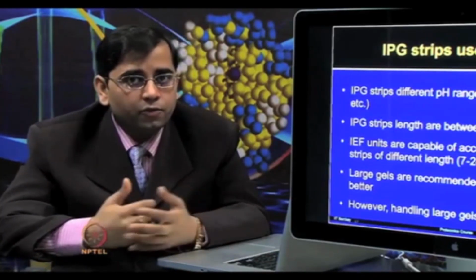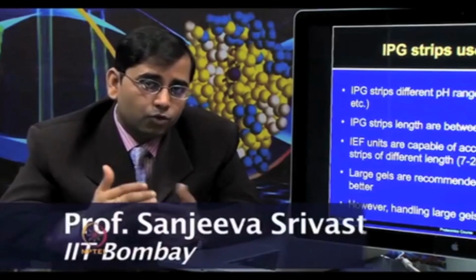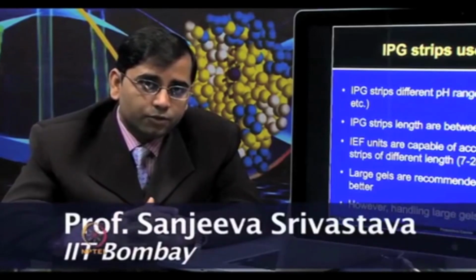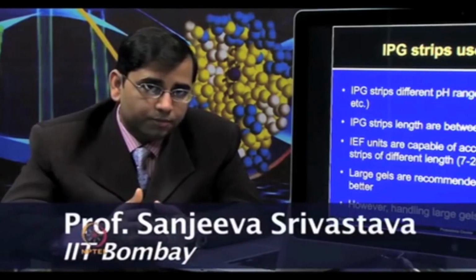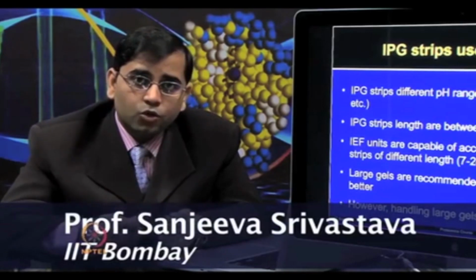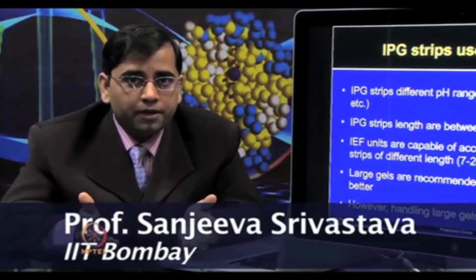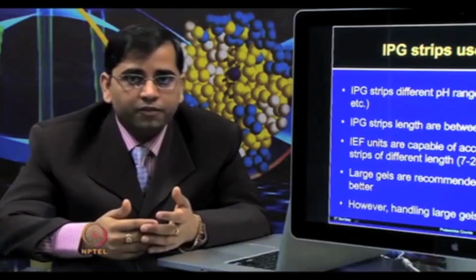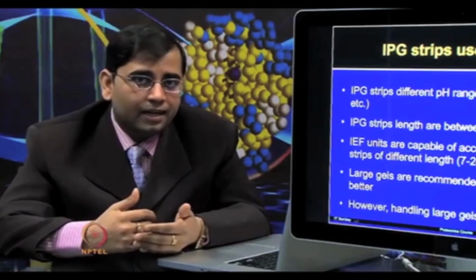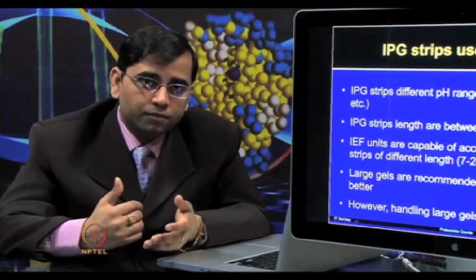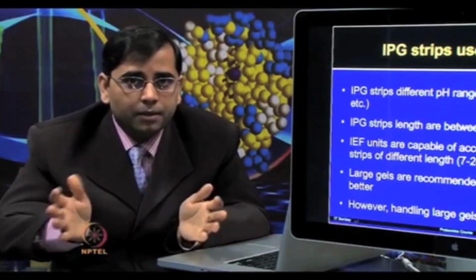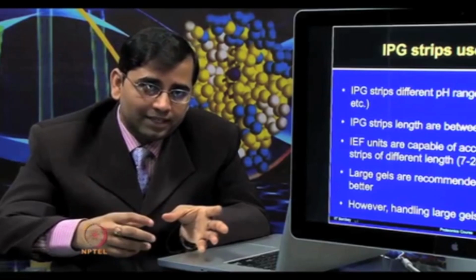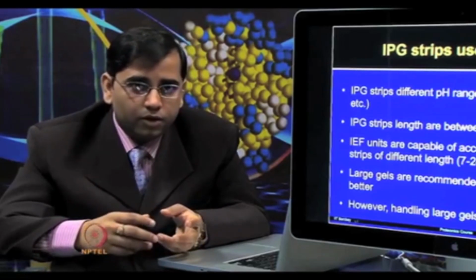But if you do not have enough protein to separate, then you have to restrict yourself to smaller strips. Or one can still go with a large strip but apply a more sensitive stain. So, when we talk about different types of staining methods, at that time we will discuss that even if you have low protein, you can separate on the large gels, but then apply a more sensitive stain such as silver or SYPRO Ruby.